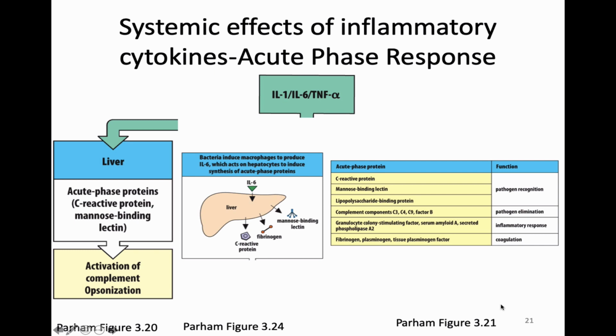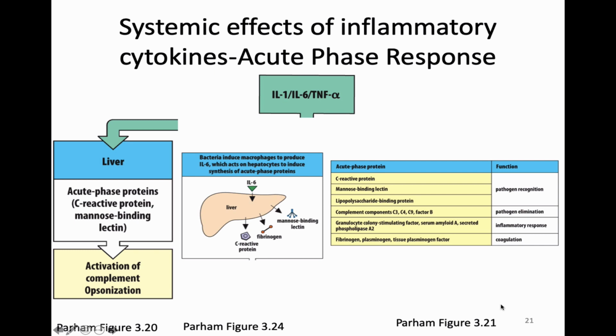There are some other types of effects of some of our inflammatory cytokines as well. So some of them will act on other parts of the body after moving through the bloodstream. One example is that IL-1, IL-6, and TNF can act on the liver. And this will result in the liver making new proteins.